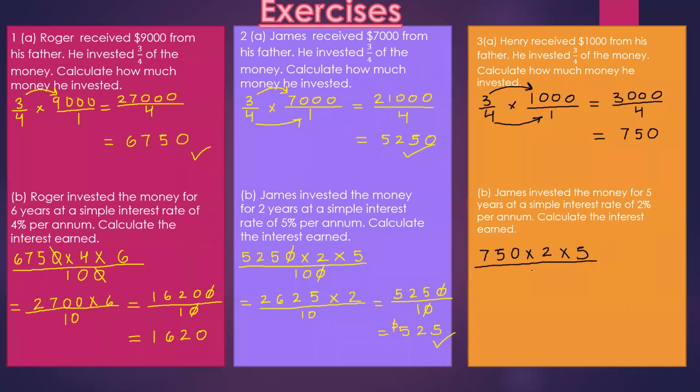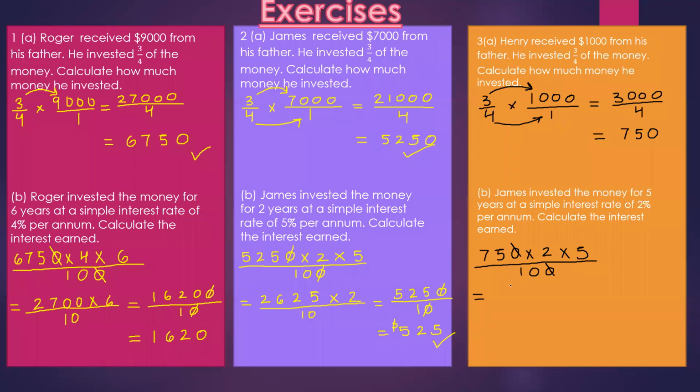Sorry, I can't write that fast. Okay, so all right. What do we do at this step? We cancel out the zeros. Good.